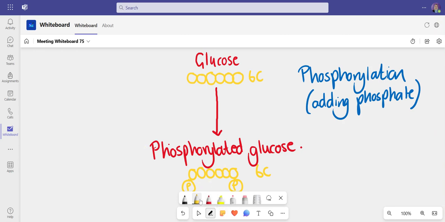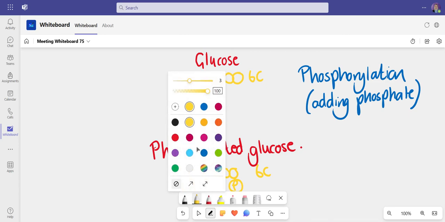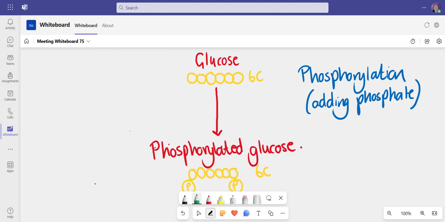They have to have come from somewhere, and the place they come from is the ATP molecules. If we have an ATP molecule just here, adenosine triphosphate, tri means that it contains 3 phosphates.